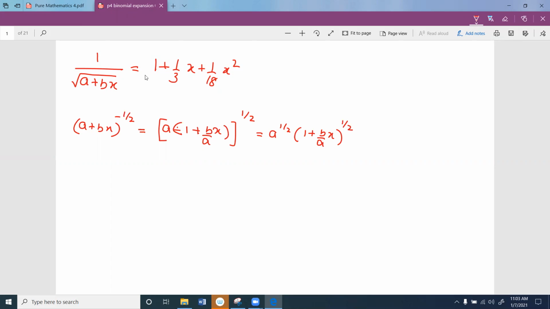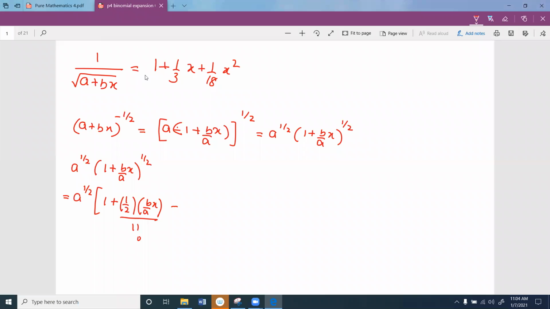Yes, hopefully it's fine. Then I'm doing the expansion for this, 1 plus b over a x to the power half. If I expand this, it turns out to be a to the power half times 1 plus n times b over a x over factorial 1.